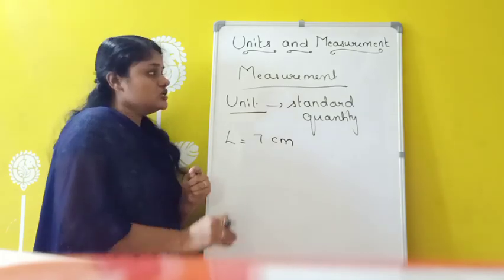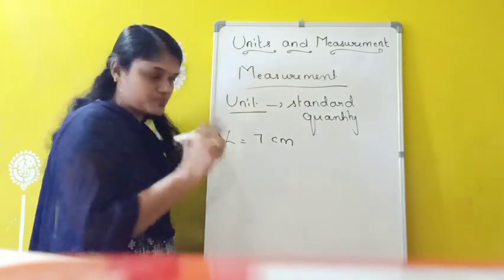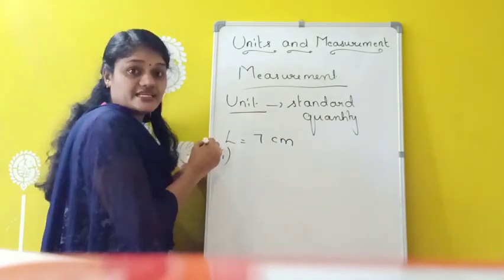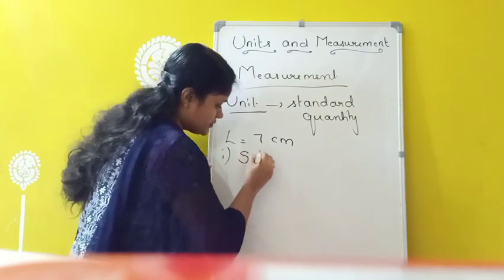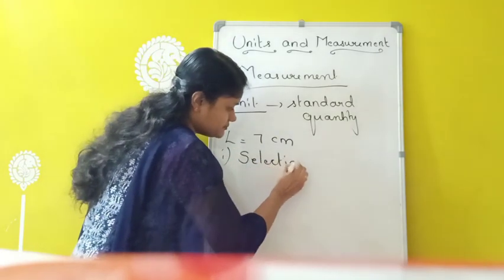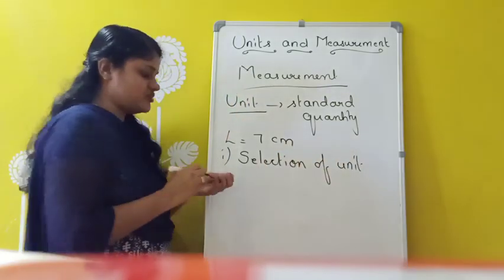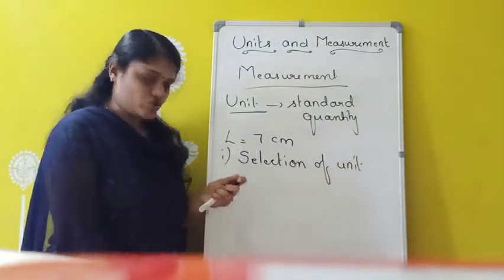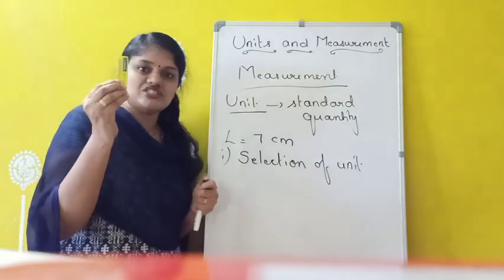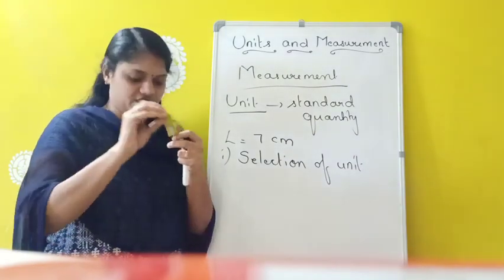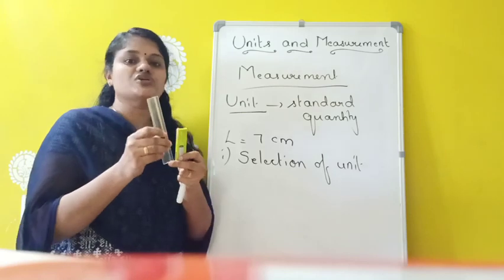So length equals how much? 7 centimeter here. This measurement mainly involves two processes. First one is selection of unit. First of all we have to select the unit. Here I want to measure the length, so first we have to select in which unit we have to measure this. We are using a scale, using centimeter.